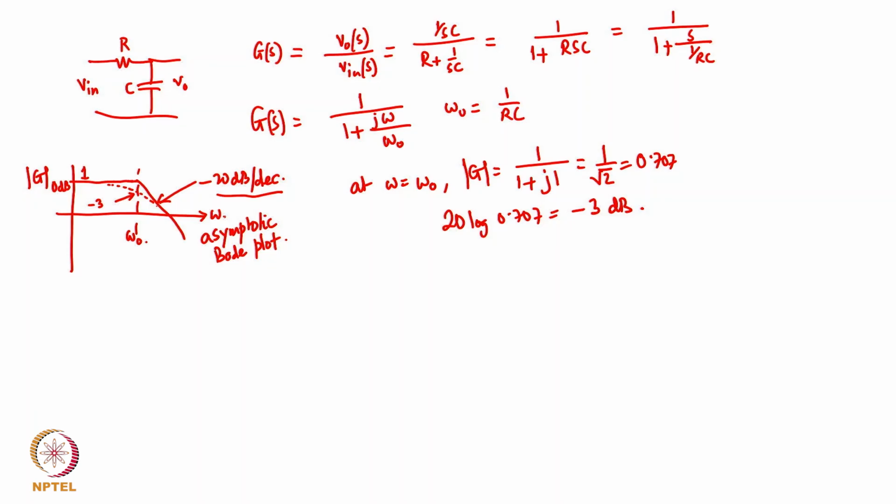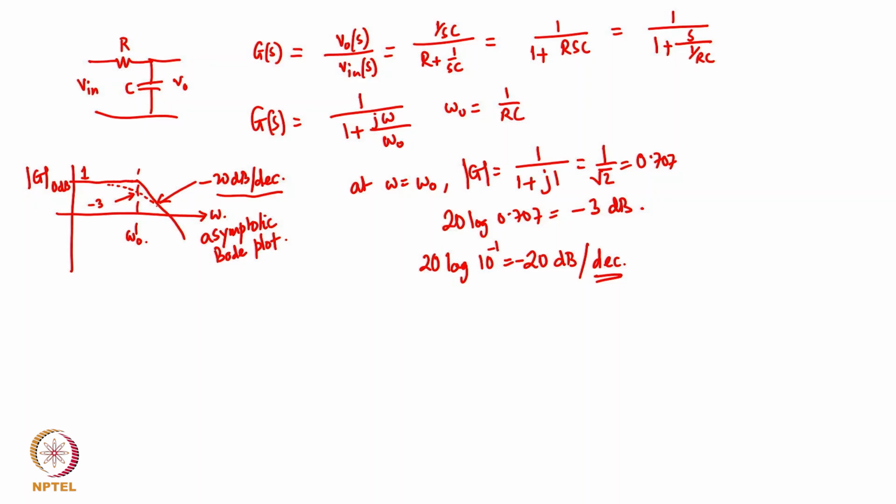Why 10 times? Because 20 log 10 is nothing but 20 dB, and 20 log 10 to the power minus 1 is minus 20. So minus 20 dB, and the word decade means you are moving 10 times on the omega axis, and your gain is falling by 10 times. This is a single pole response, minus 20 dB per decade.